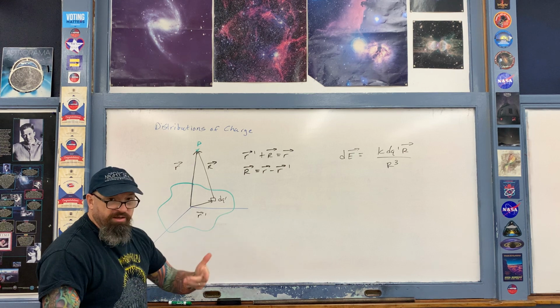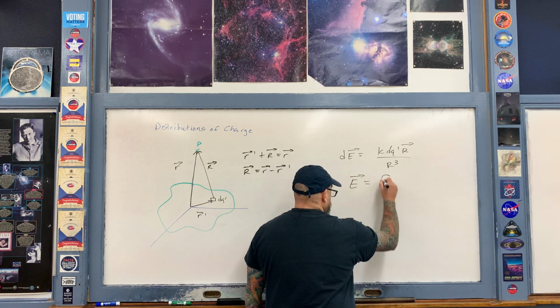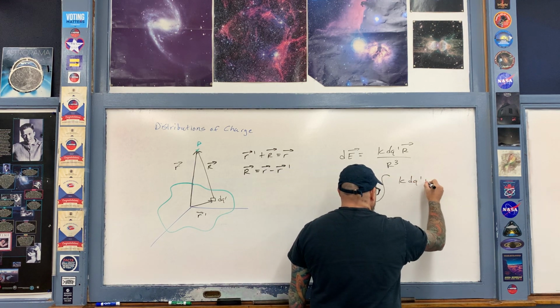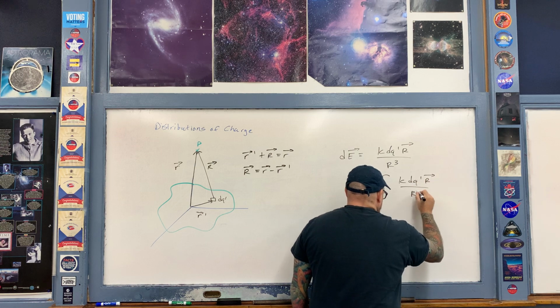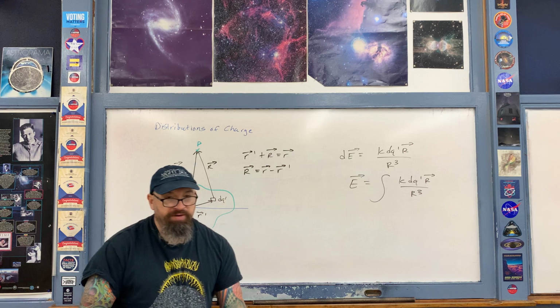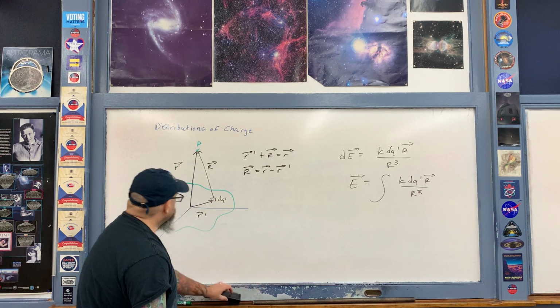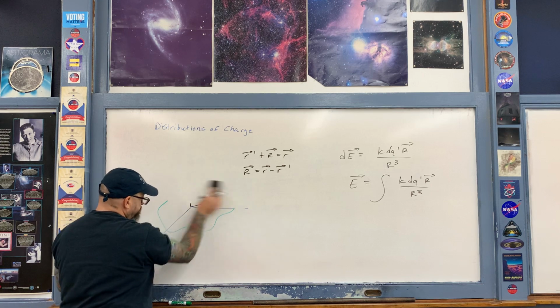So therefore we end up with an integral expression. That's this expression right here. And then what we have to do is learn how to set up and evaluate this expression for a couple of distributions of charge. Okay, so let's go ahead and take a look at that first distribution.